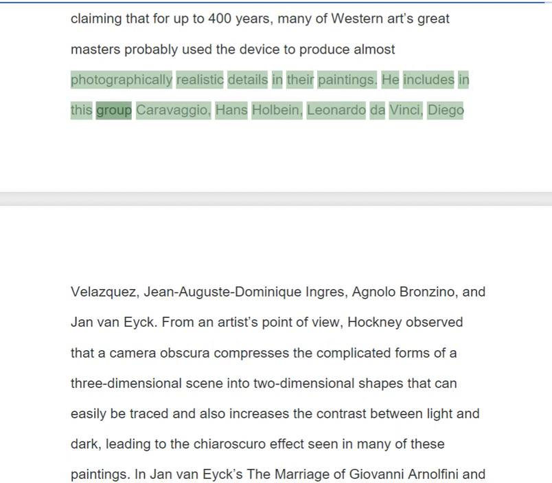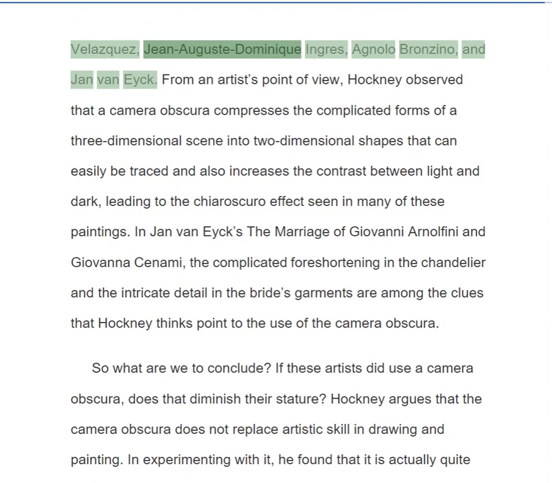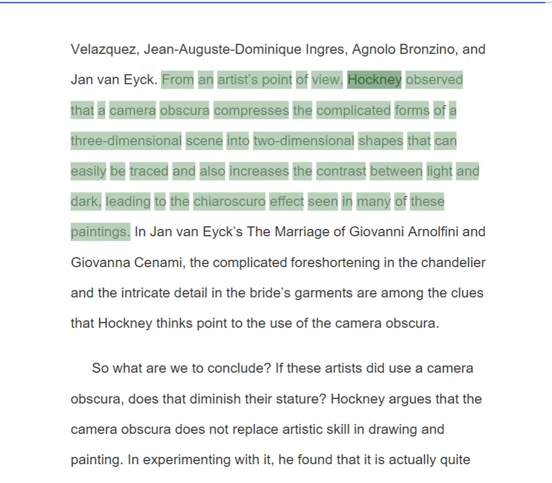He includes in this group Caravaggio, Hans Holbein, Leonardo da Vinci, Diego Velázquez, Jean-Auguste Dominique Ingres, Agnolo Bronzino, and Jan van Eyck. From an artist's point of view, Hockney observed that a camera obscura compresses the complicated forms of a three-dimensional scene into two-dimensional shapes that can easily be traced, and also increases the contrast between light and dark, leading to the chiaroscuro effect seen in many of these paintings.